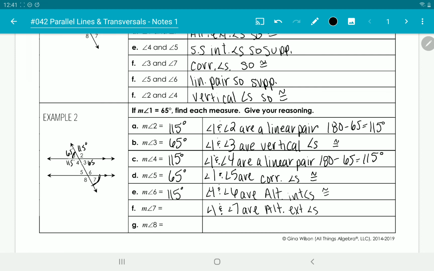That means they're going to be congruent. And since they're congruent, if angle 1 is 65 degrees and angle 7 is the same as angle 1, angle 7 is also going to be 65 degrees.